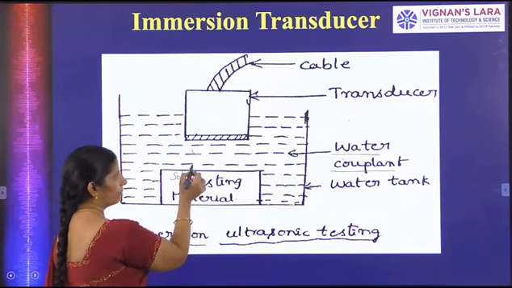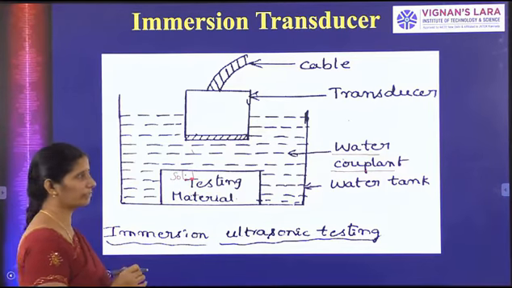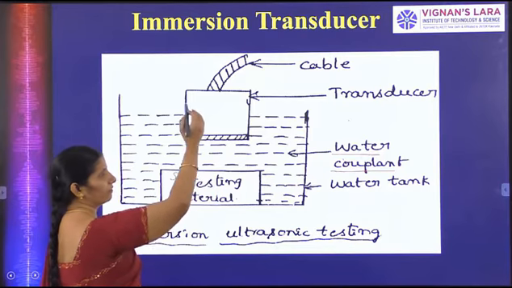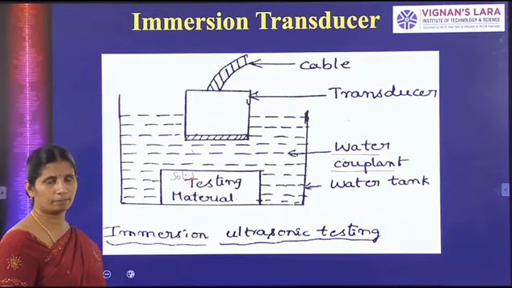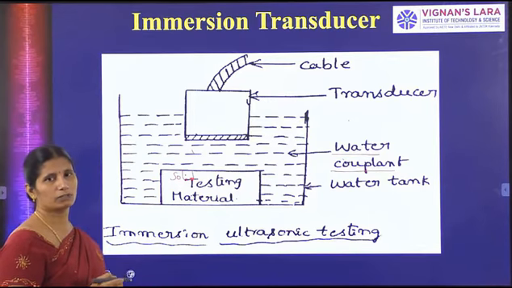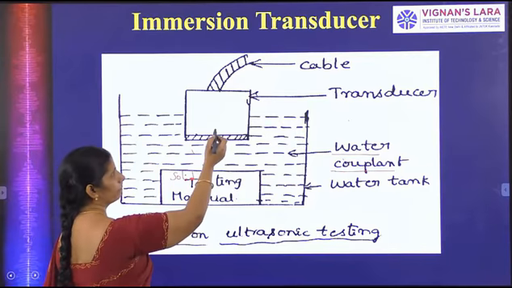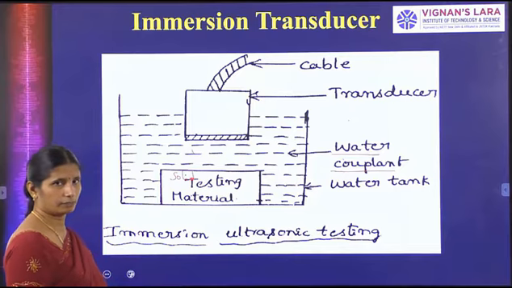The acoustic impedance mismatch will be more between air and the solid. Then ultrasonic waves will be reflected back completely without entering into the testing material. So to reduce that acoustic impedance mismatch, we will use couplant between the transducer and the testing material.